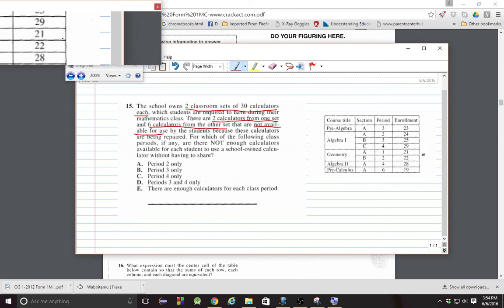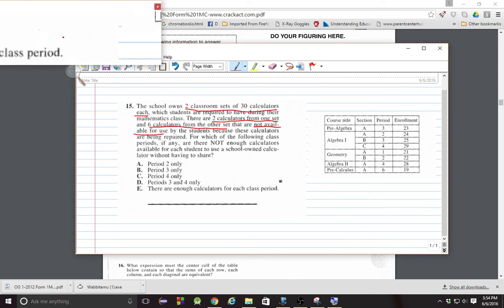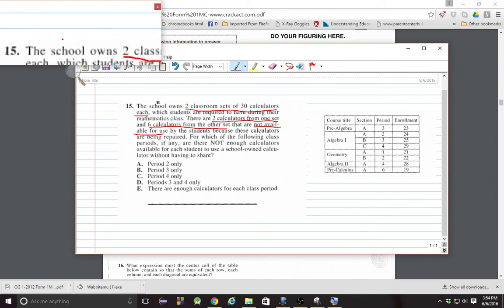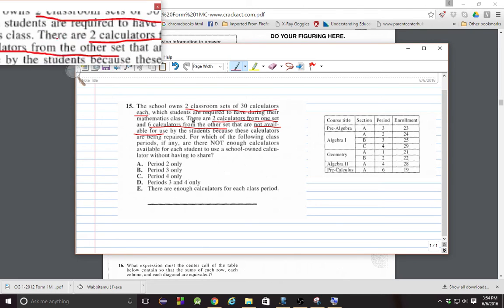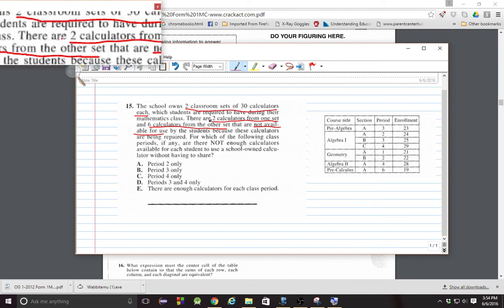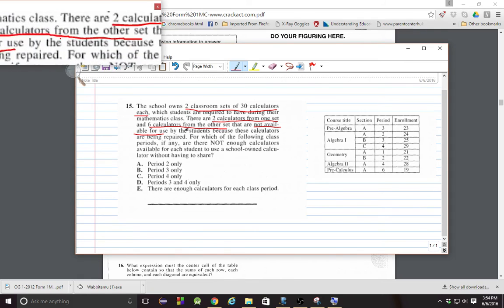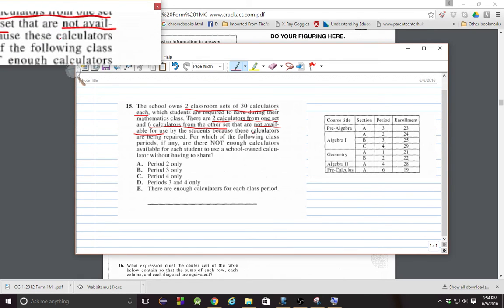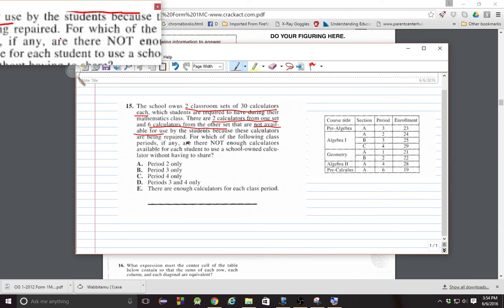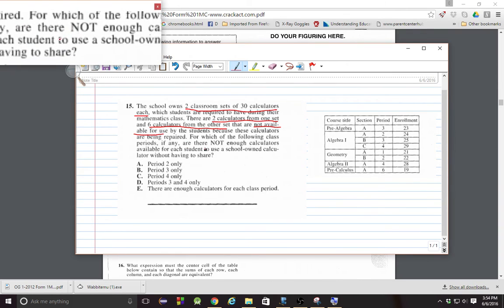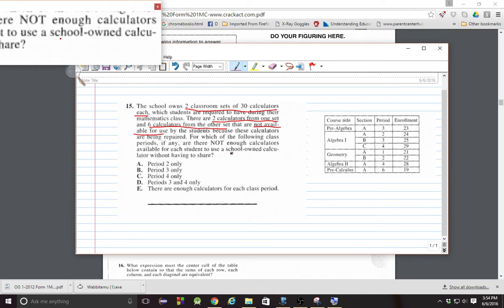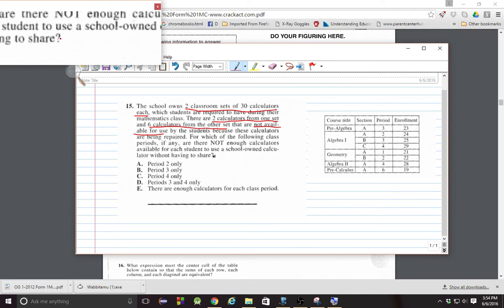It says that the school owns 2 classroom sets of 30 calculators each. There are 2 calculators from one set and the other set not available for use because these calculators are being repaired. For which of the following class periods, if any, are there not enough calculators available for each student to use a school-owned calculator without having to share?